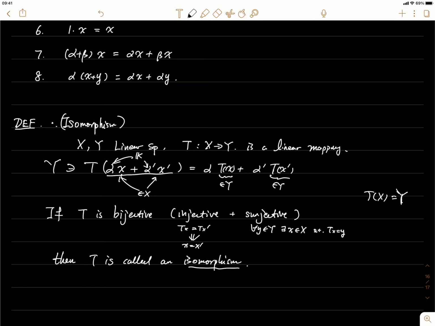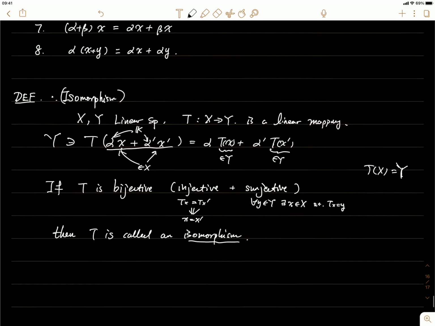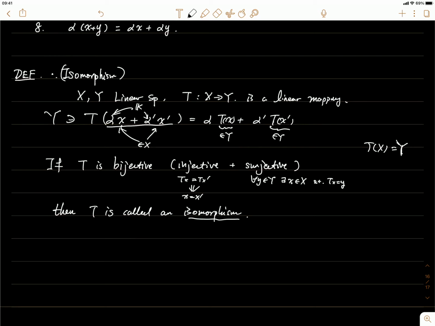Apparently, because T is bijective, sometimes it's also called a one-to-one correspondence. So we know that the inverse of T exists, and also the inverse is a linear mapping. Okay, so isomorphic basically means that they have identical algebraic structure in the sense of linear spaces.